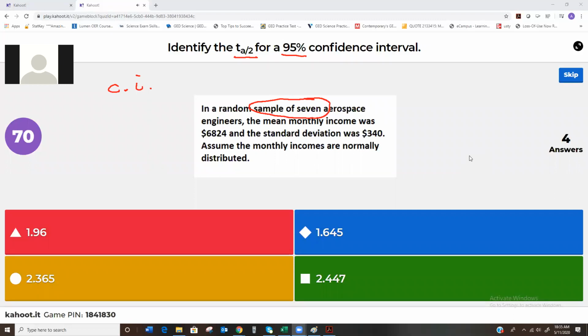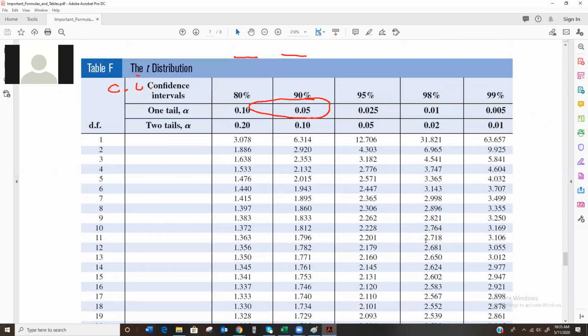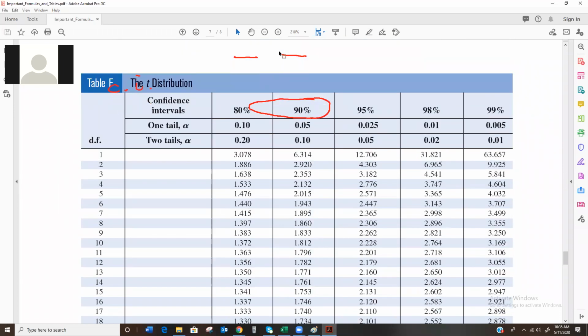I'll pull the chart up in a minute, but if I go to the chart, then people can't see the answers. All right, I'm going to go to the chart real quick. So remember, it was a 95% confidence interval, it was a T, and there was a sample of 7.